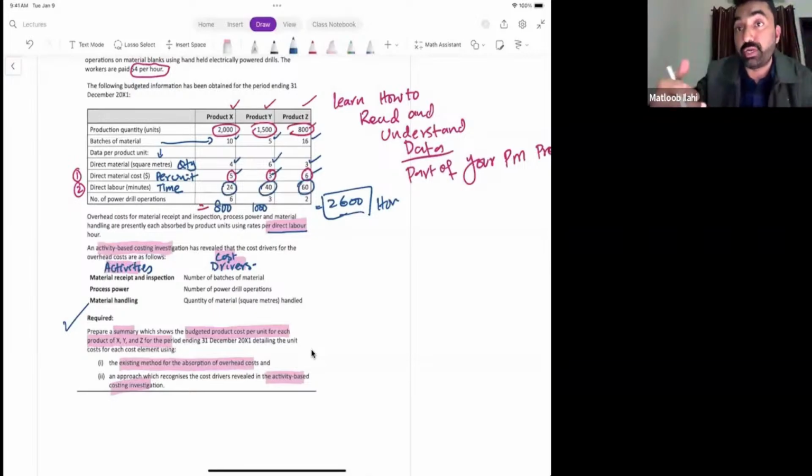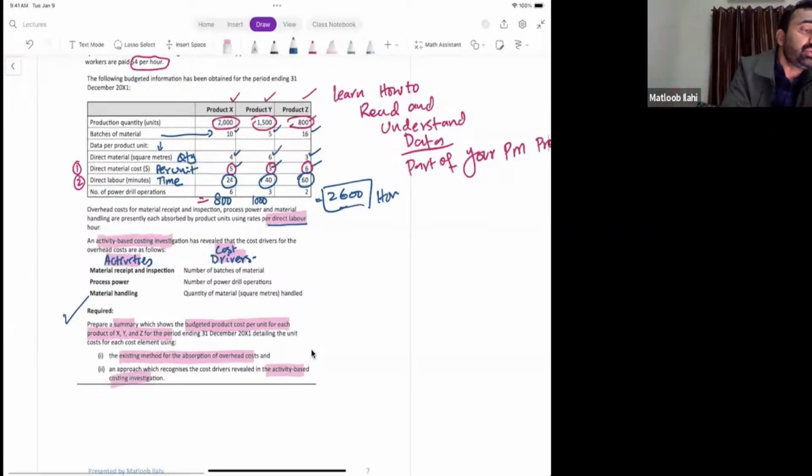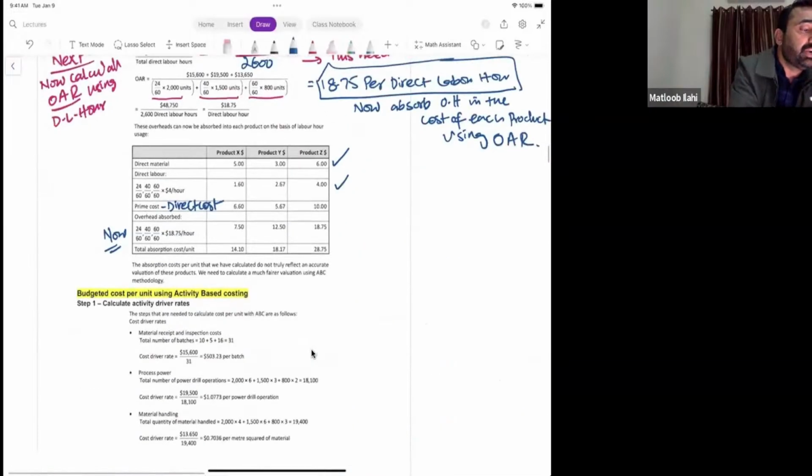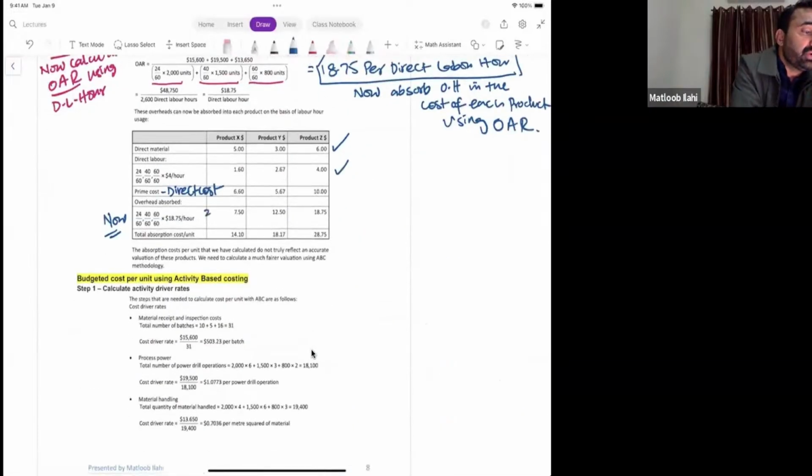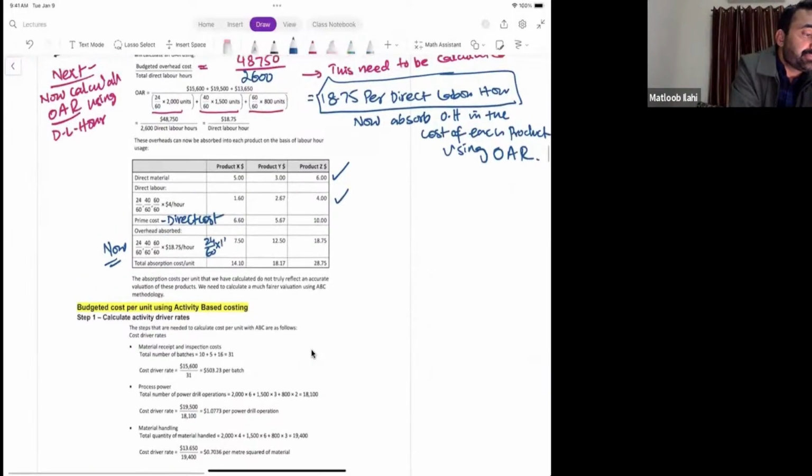24 minutes, 40 minutes, and 60 minutes. So we have to absorb overheads into the cost of each product according to this time consumed. So here is overhead absorption: 24 divided by 60 multiplied by our rate of 18.75 is equal to 7.5.